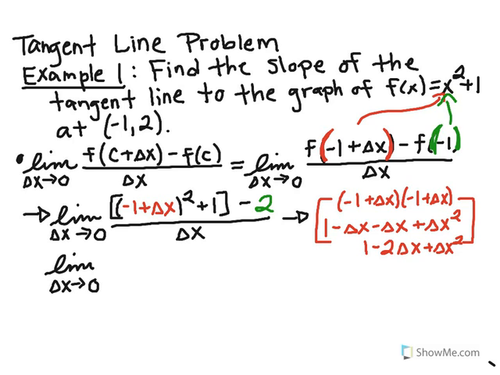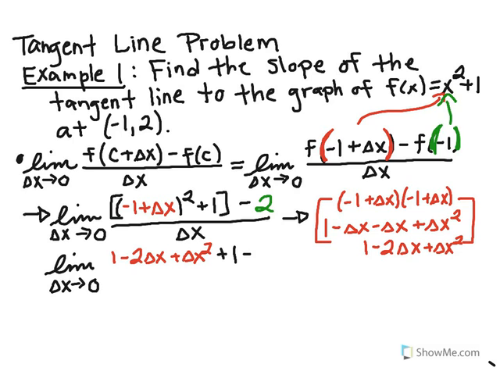All right, I know that this doesn't look pretty, but that's what we got. So I'm going to write this right up here in the same color: 1 minus 2 delta x plus delta x squared. Now that was just that squaring part, so I still have this plus 1. And then out to the side, I'm going to be subtracting 2.